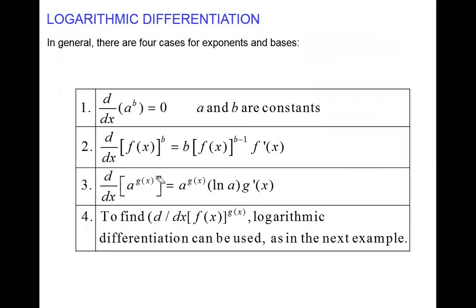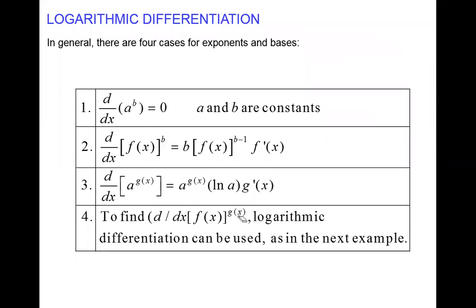The third line is the derivative of the exponential function, because x is in the exponent: a to the power of g of x. The derivative is the same function, a to the power of g of x, times natural log of a, the base, and following the chain rule, times g prime, the derivative of the exponent.